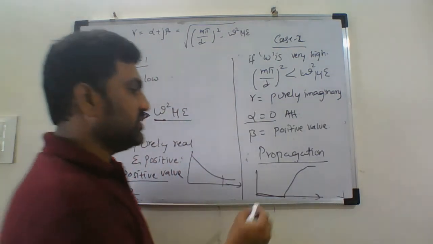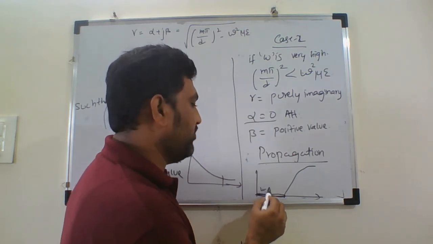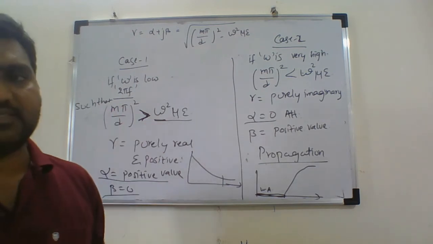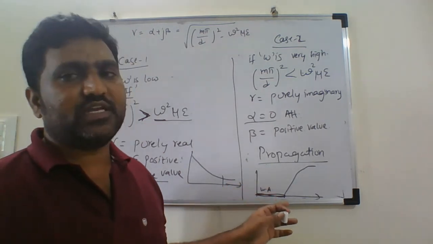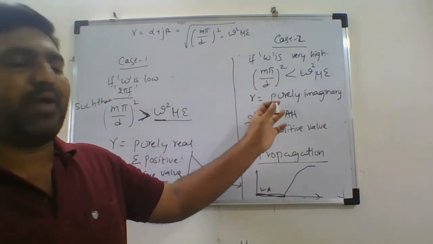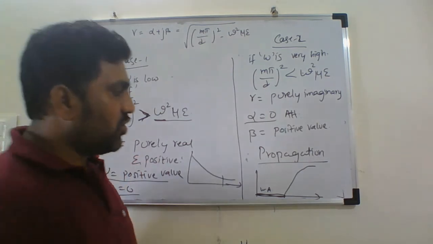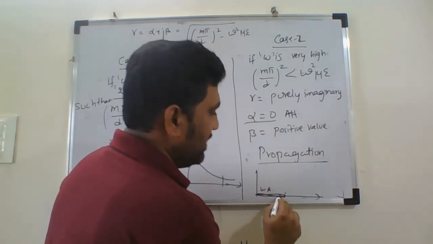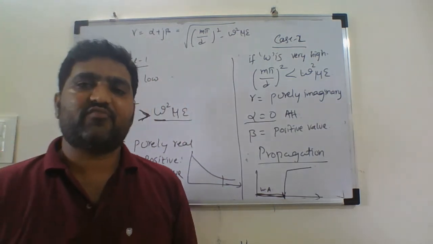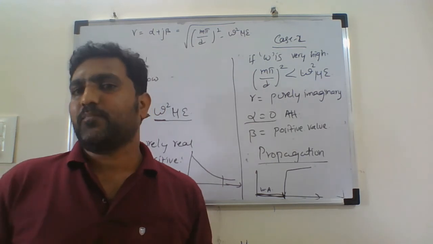Up to certain frequencies the wave gets attenuated because the omega value is less. After certain frequencies the omega value becomes more, gamma becomes imaginary, and here the wave propagation starts.